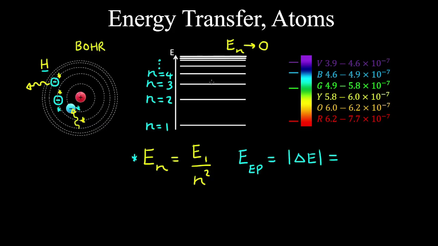So if an electron, for example, jumps from n equals 3 to n equals 1, then it emits a photon, and the energy of this photon is E3 minus E1. So in general, the difference in energy between two arbitrary states is equal to the energy of the state with the higher energy minus the energy of the state with the lower energy.